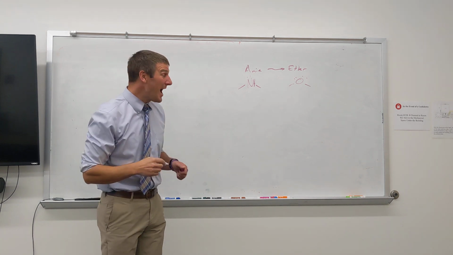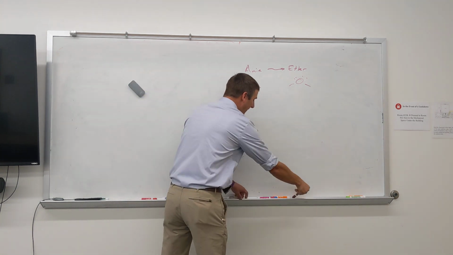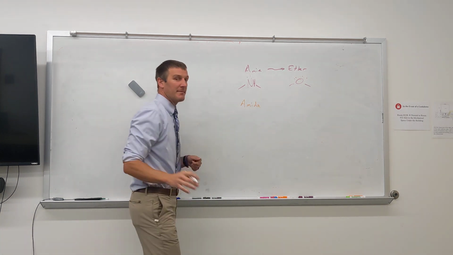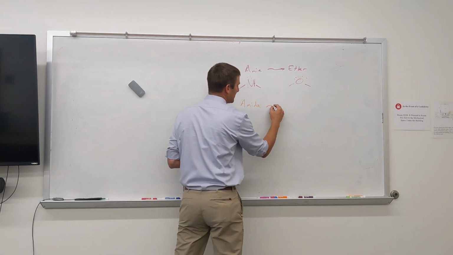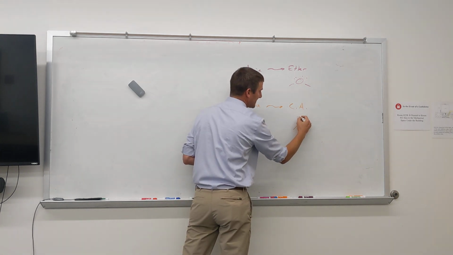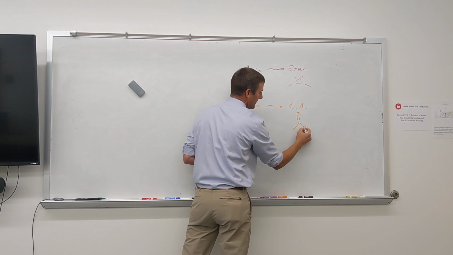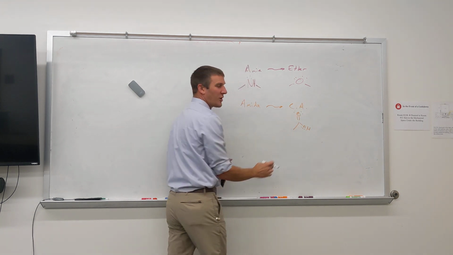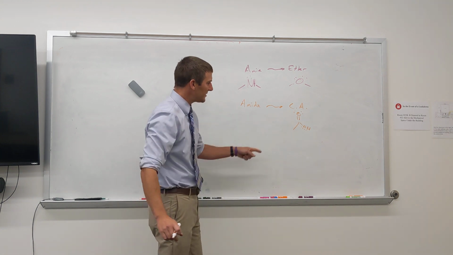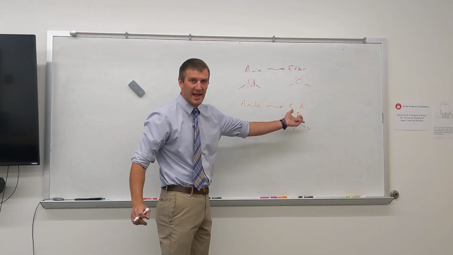But now with an amide, what's changed? In an amide, as opposed to a carboxylic acid, with a carboxylic acid we've got a carbonyl group, and adjacent to that carbonyl group is a hydroxyl group. So this would be ethanoic acid.